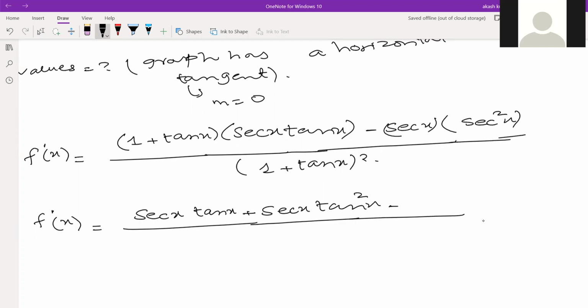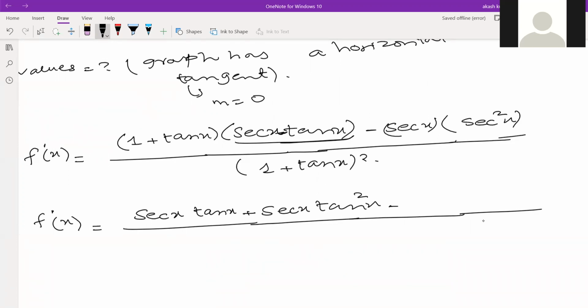Sec and tan, is it considered as 1 or 2? It's considered as one function because both are multiplied. If they are added, then we can say that there are two functions. There's a multiplication sign, so we have to take it as only one. Is it clear? Okay.